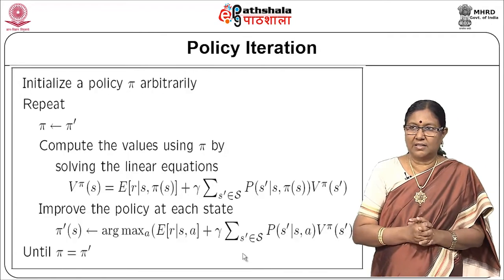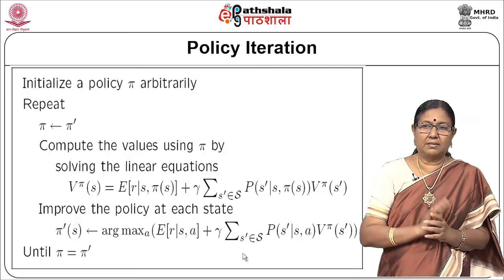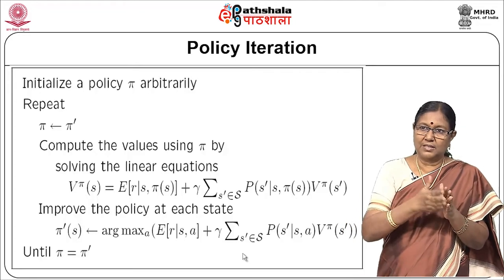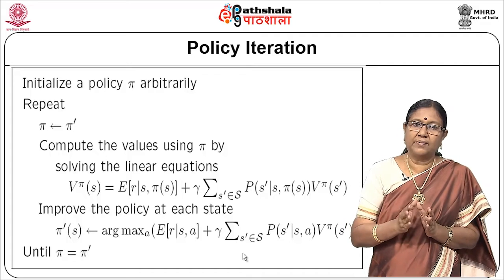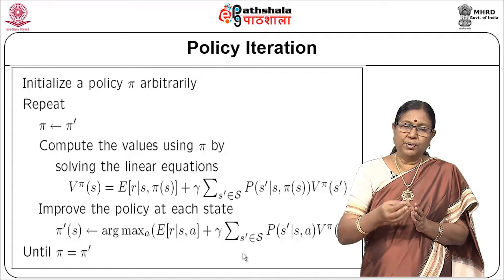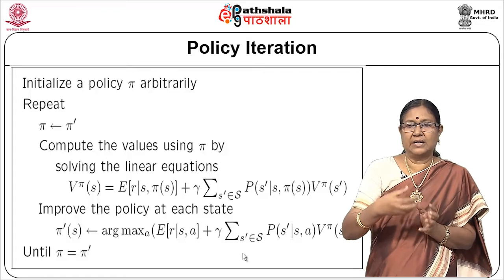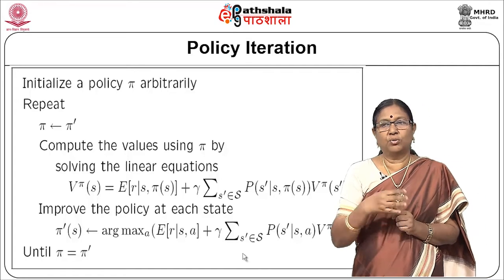Then we have policy iteration. The policy depends on the maximum value. So, you initialize a policy pi randomly. Remember, the policy is a set of mappings. So, repeat: pi is equal to pi dash, compute the values using pi by solving the nonlinear equations like this, and you try to improve the policy at each and every state, until there is no change in the policy.